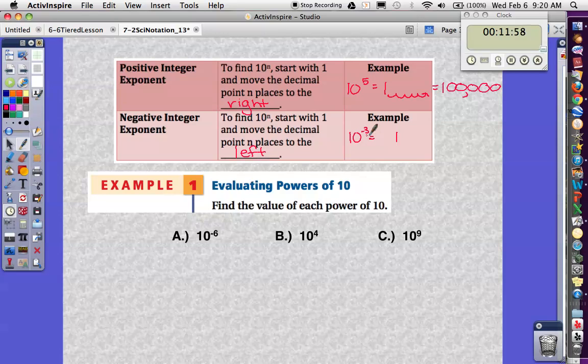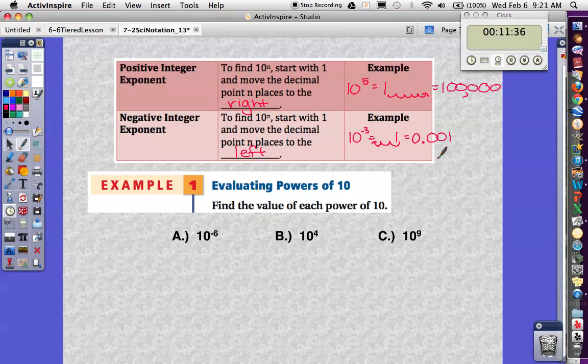Now I need to make this number smaller because it's a negative exponent. So I wouldn't go to the right. If I add zeros behind it, that would make it larger. Instead, I go to the left. So by going to the left, I would then have 2 zeros in front of that 1. Don't forget to put your decimal place, and then you really should, guys, put a 0 in front of that to hold the decimal up. That's the correct way to write those numbers.